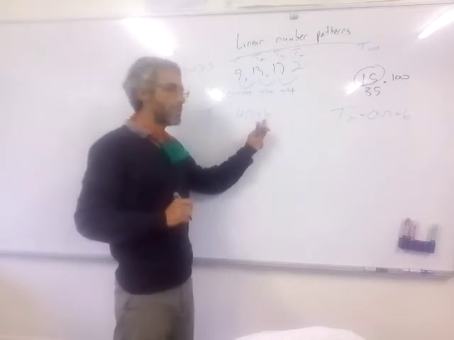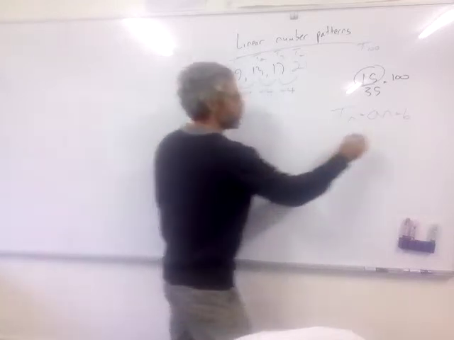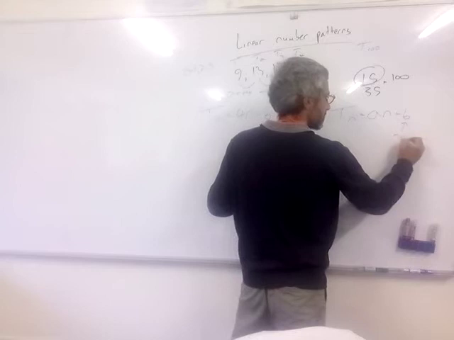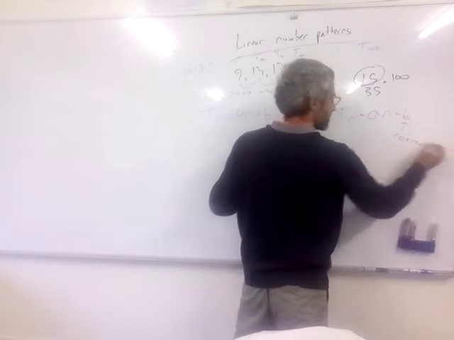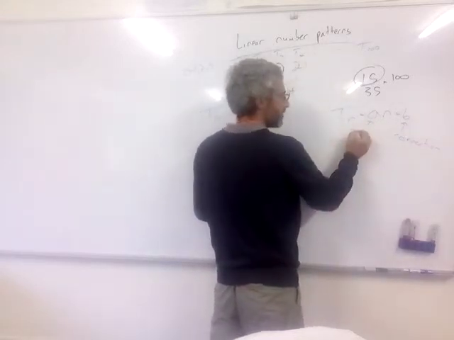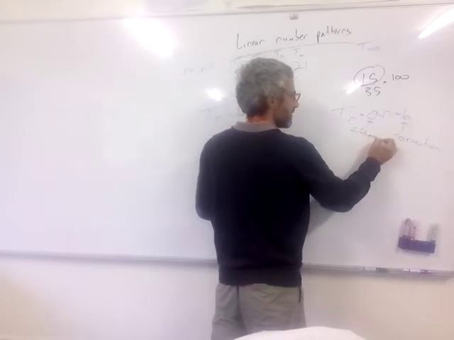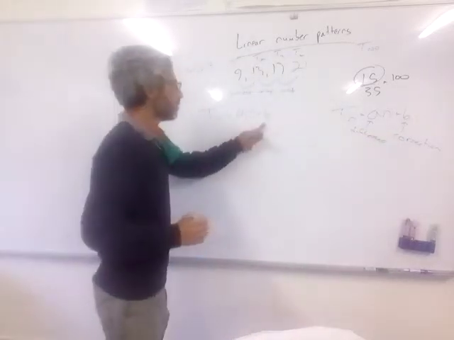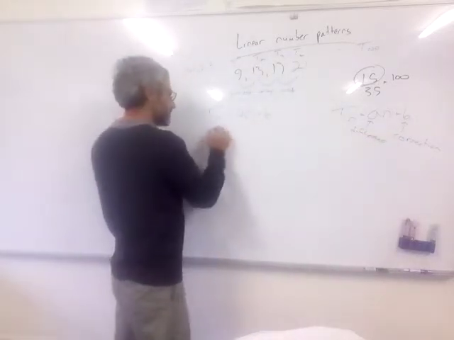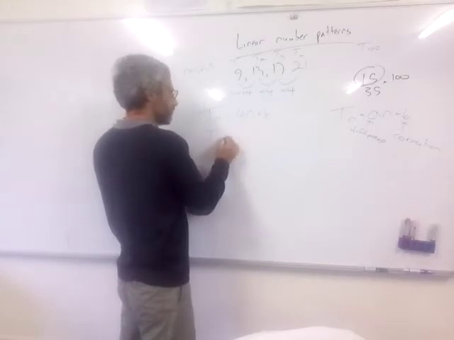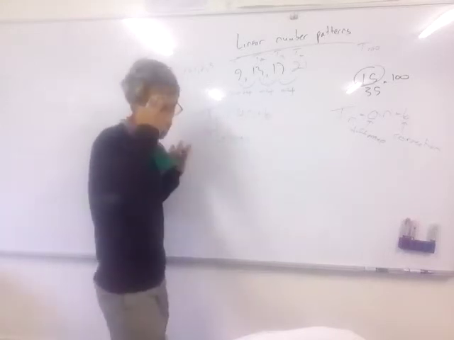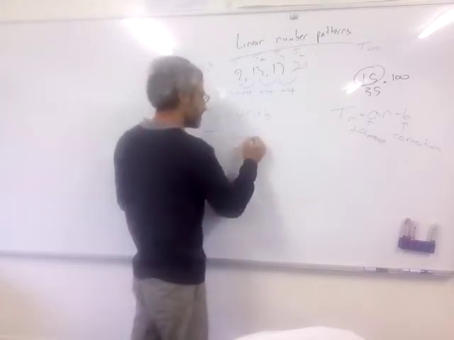Correct, Finkel. So b is what I call the correction term. Okay? I'll explain that in a second. The a is the difference between two terms. What is the correction term? Finkel says, look, listen, so T1, the first term, according to this formula, is going to be 4 times 1, because n is equal 1, okay, plus the b.